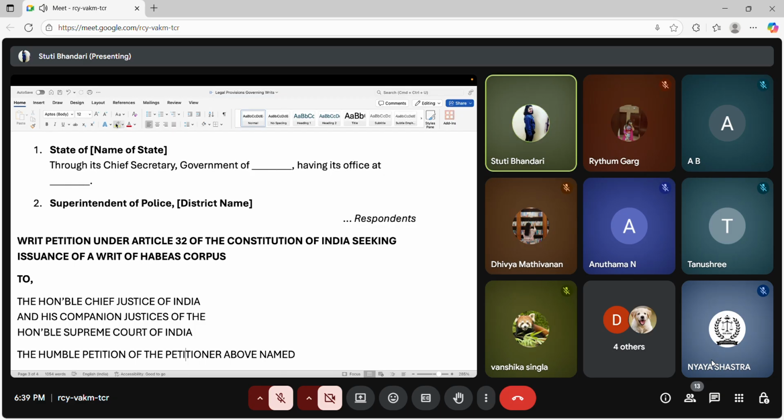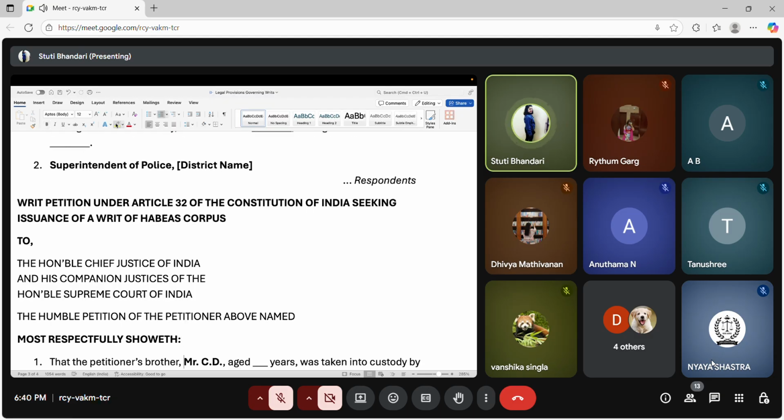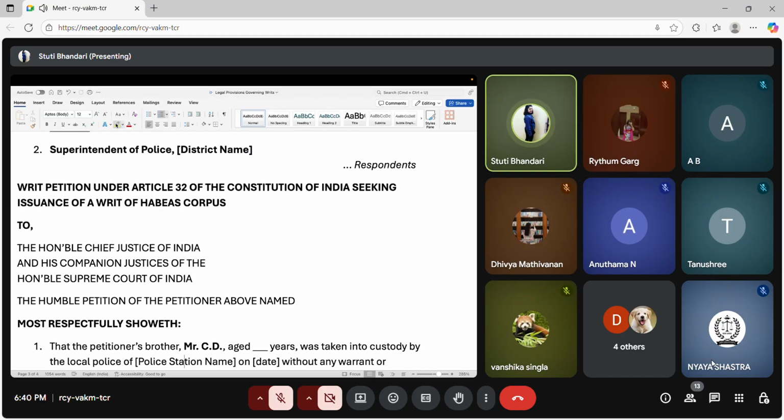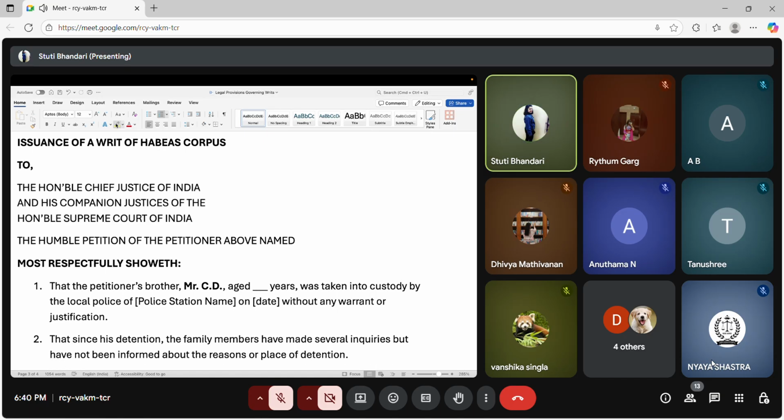of the Honorable Supreme Court of India, the humble petition of the petitioner above named most respectfully showeth that the petitioner's brother Mr. C.D., aged dash years, was taken into custody by the local police of whatever police station on dash without any warrant or justification.